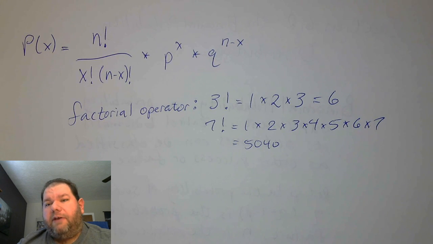Let's say we have a basketball player that shoots 20 free throws, and they have a lifetime free throw percentage of 75%. They make 75% of their free throw attempts. Okay, what is the probability that this particular basketball player makes 14 out of those 20 free throws?